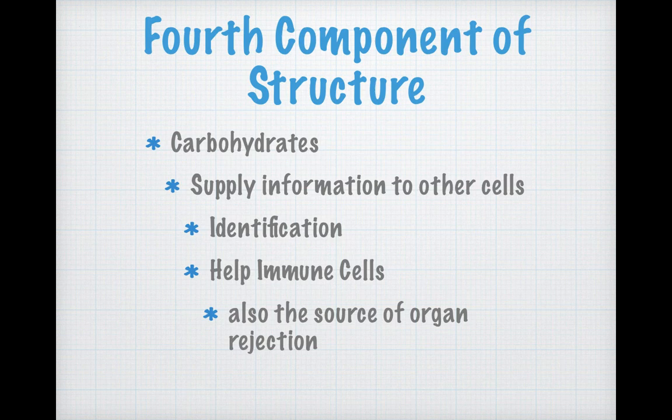The fourth component is carbohydrates. Carbohydrates provide information. They supply information to other cells, and a lot of that information is identification information. So they identify your cells as being your cells. So each of us has on our cells signs that say those cells belong to us.